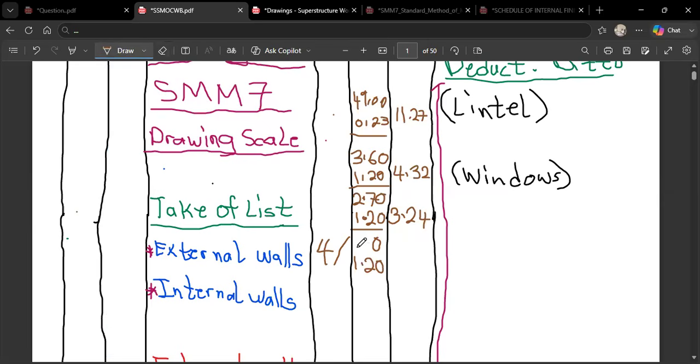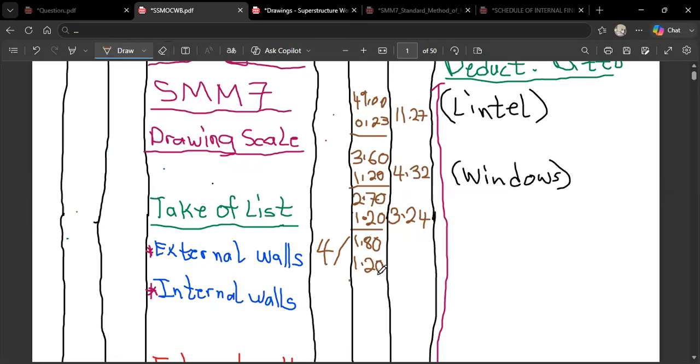So this is the result: 1.80 times 1.20 times 4 gives 8.64.